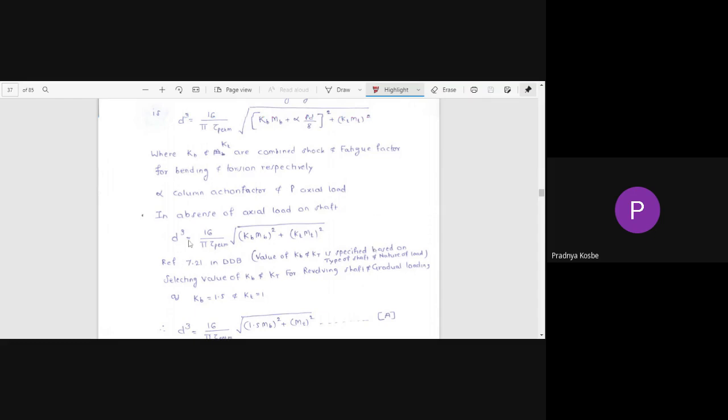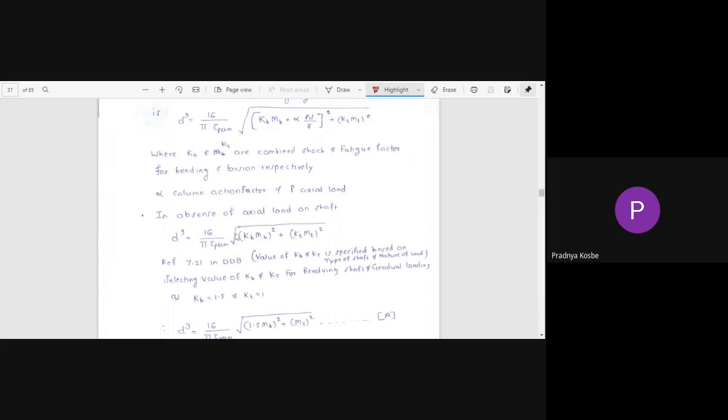So in the absence of axial load on a shaft, this is the usual formula we use when there is no axial loading on the shaft, and that formula is d cube is equal to 16 divided by pi tau permissible under square root kbmb square plus ktmt square. For reference, 7.21 in the design data book gives the values of kb and kt.